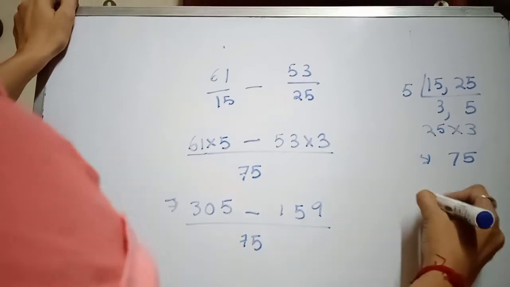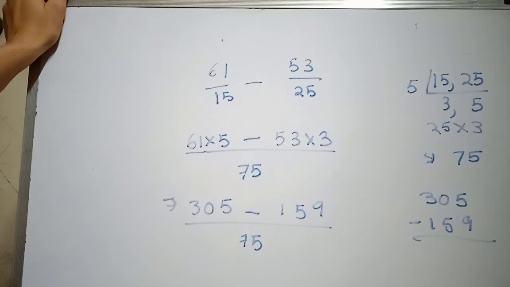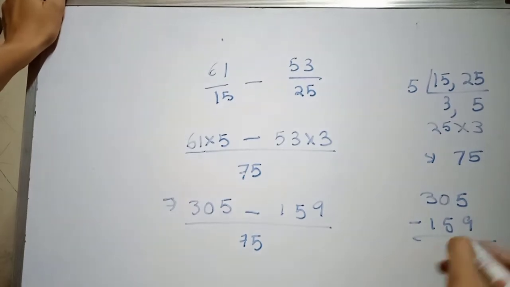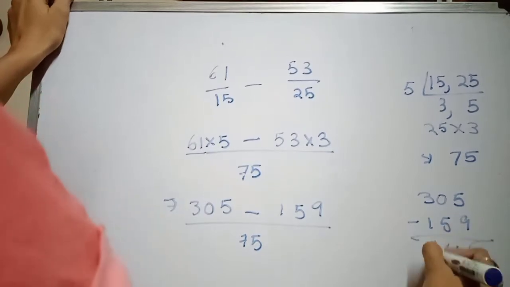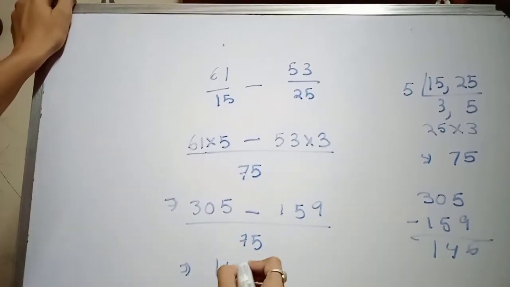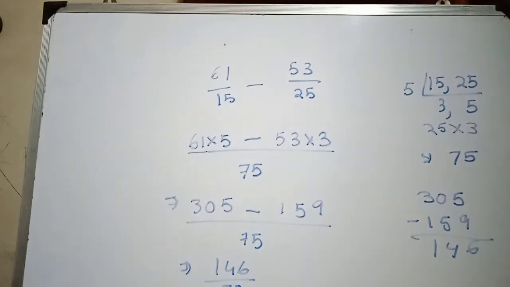75. Now do this subtraction here in this rough. So I get 146 by 75. Okay, I can convert this into a mixed fraction.